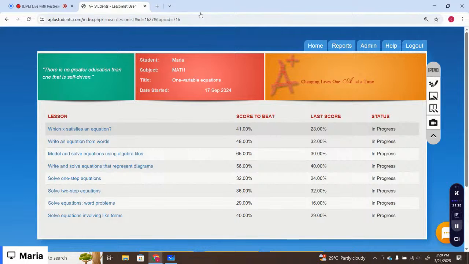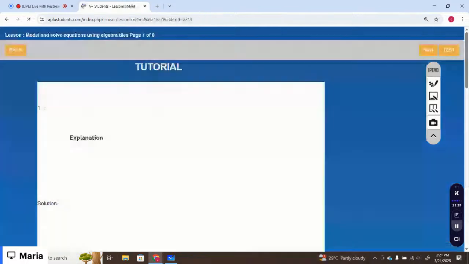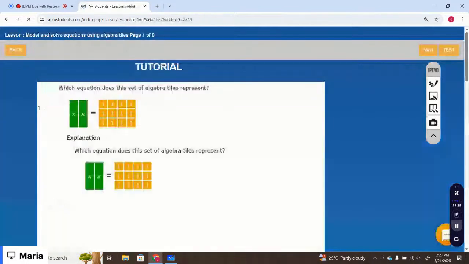The next lesson is model and solve equations using algebra tiles. Which equation does the set of algebra tiles represent?